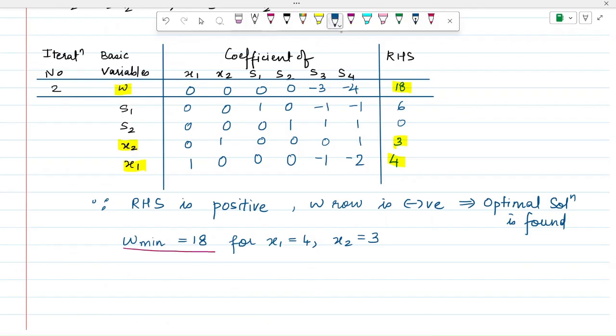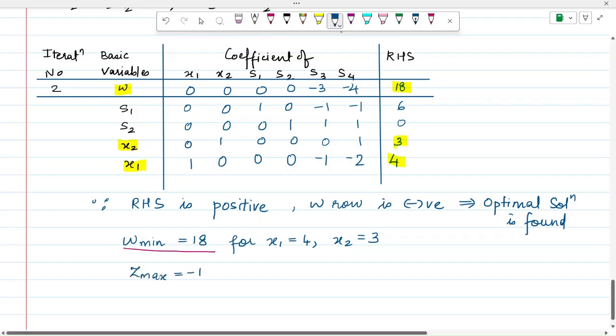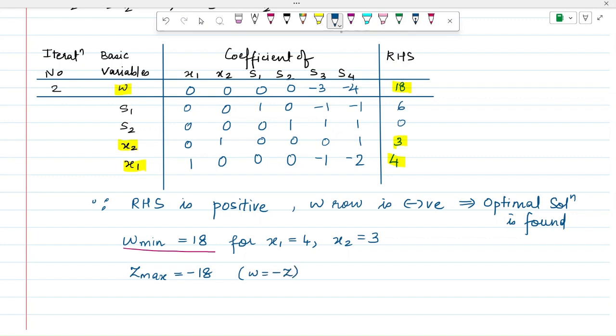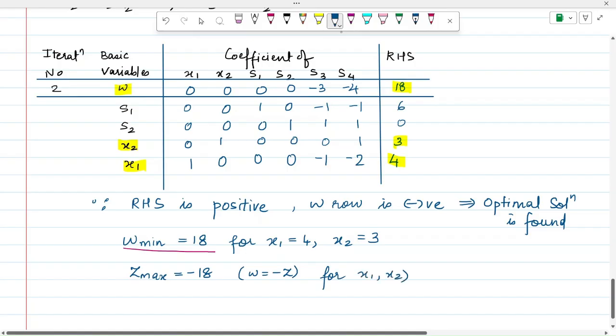So we need to understand that Z max will be negative 18. Why negative? Because W was negative Z. So you'll have a negative here, for, again, x1, x2 equal to 4, 3.